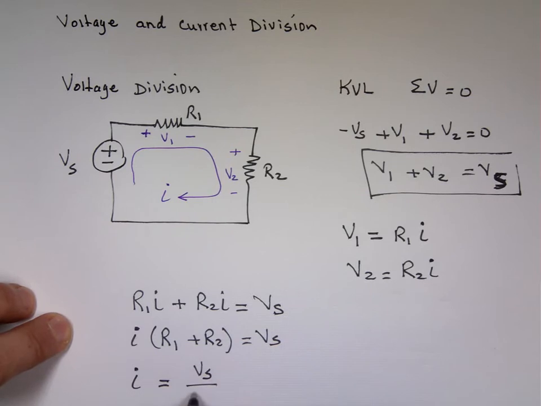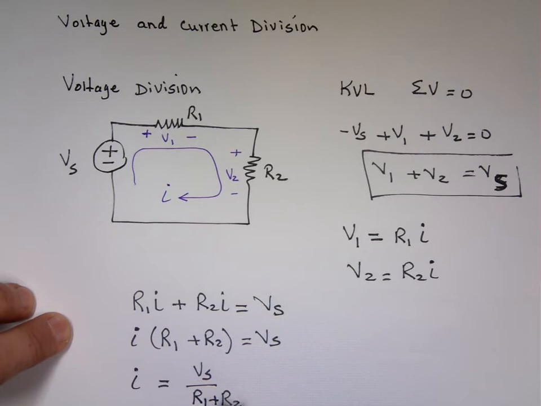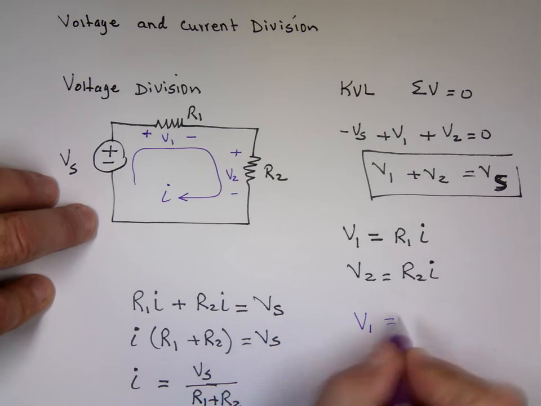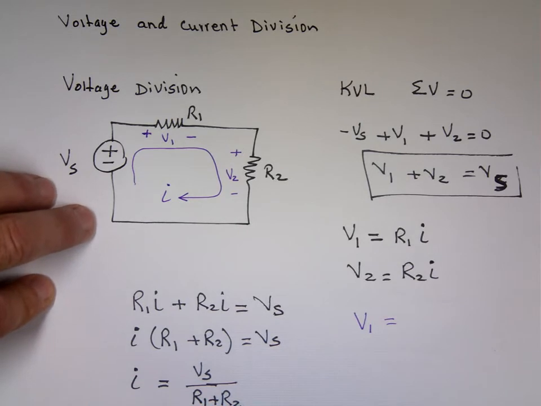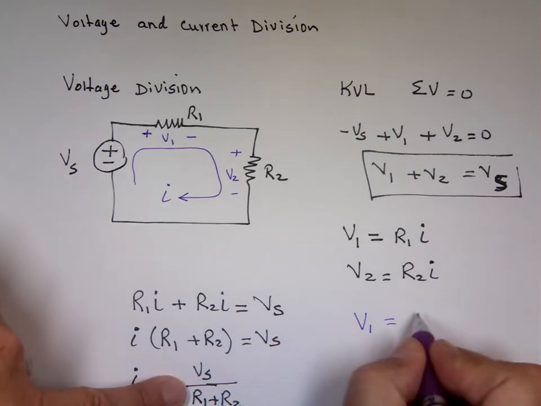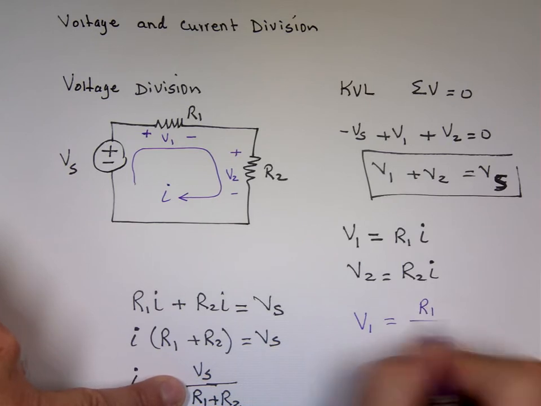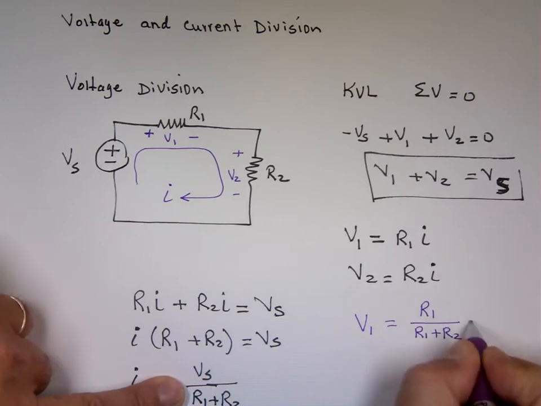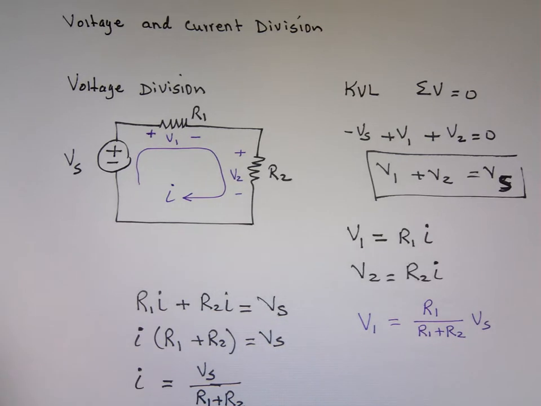Vs over R1 plus R sub 2. If that's the case, what do we know about V1? We said V1 is R sub 1 times I. This is I, multiplied by R sub 1, will be R sub 1 over R sub 1 plus R sub 2. I'm going to put the Vs at the end.